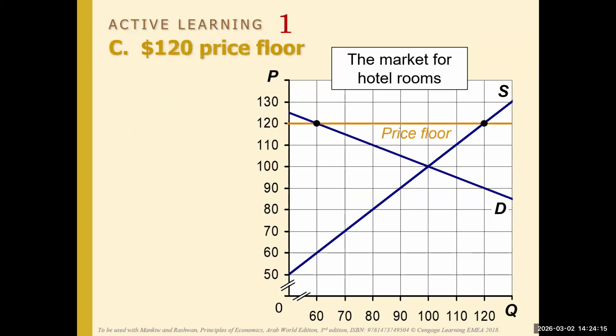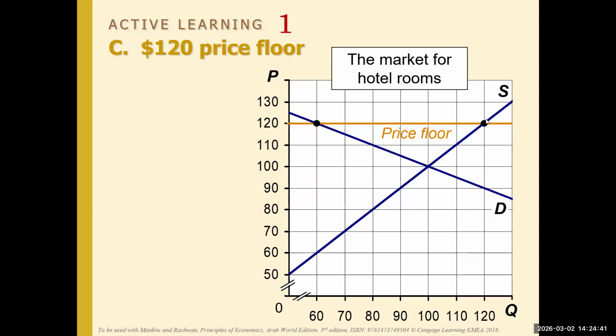This is the price floor, remember? And now the government comes in at 120. Yeah, that makes sense. So 120 is above the equilibrium of 100. Now the government really wants to support the hotel industry. So the price is high. Then the news goes out, hey, these hotels are so expensive in Dubai. And so people do not come to Dubai much, right? So demand is only going to be 60.